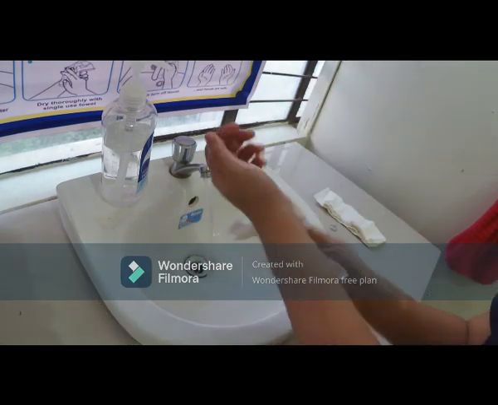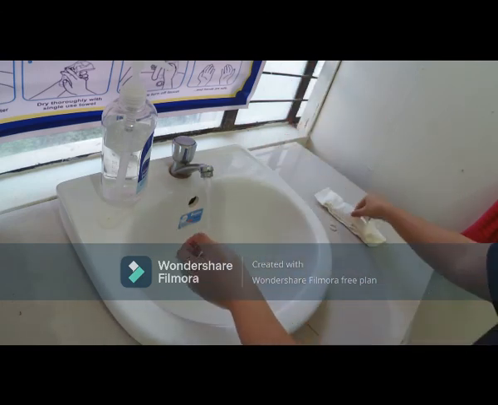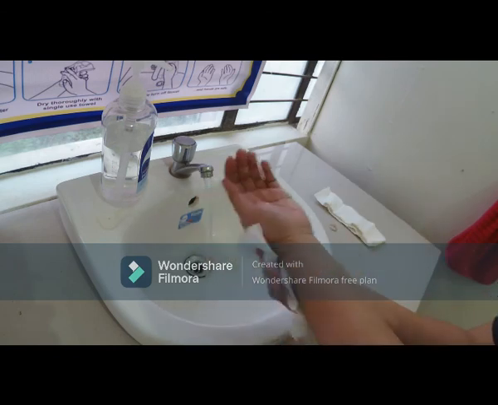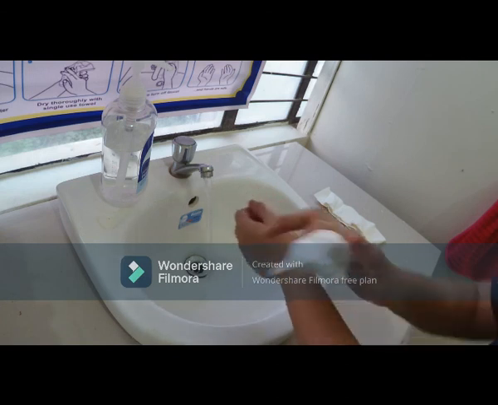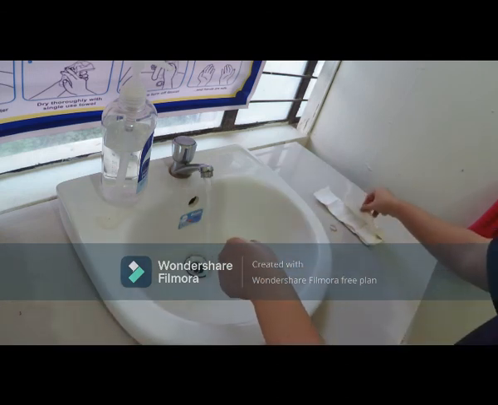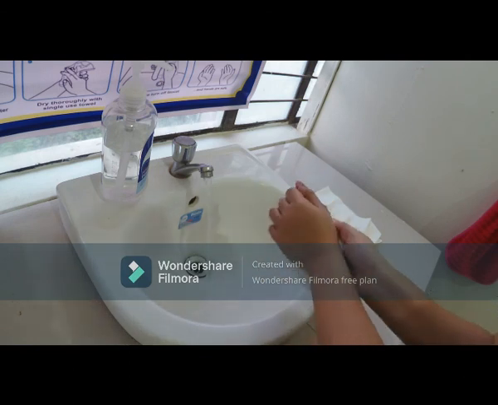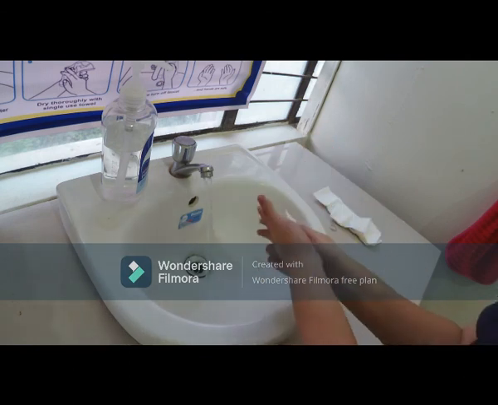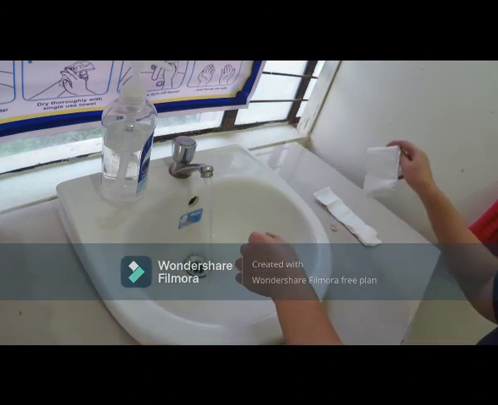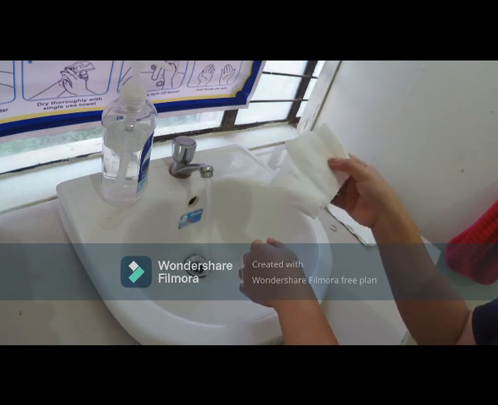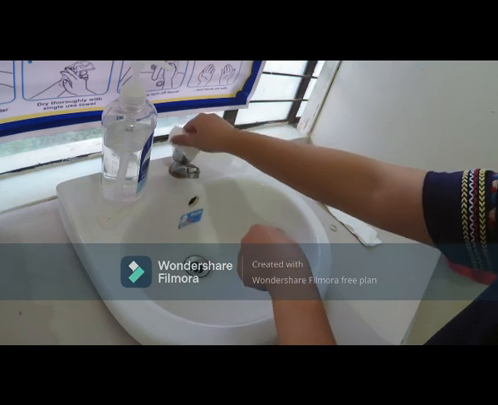And then we will dry our hands using the paper towel. Then after that, discard the paper towel in the proper receptacle. And then, using a clean, dry paper towel, we will now turn off the faucet.